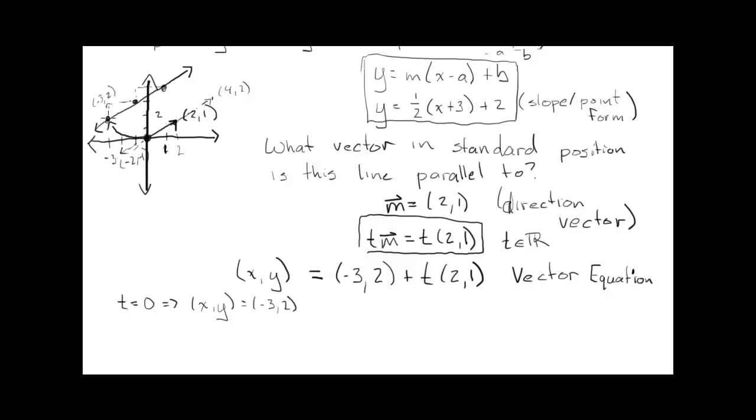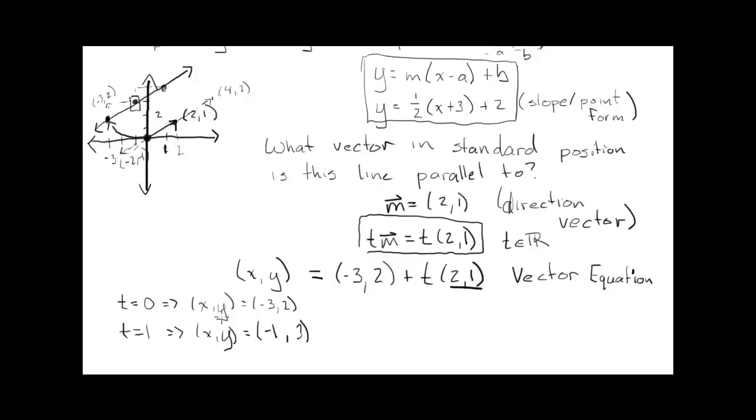That's this point. That's your starting point for this line. Then as we change t, it's going to move us along the line. If I let t equal 1, I put 1 in for this, and then I would get negative 1, 3. So that would be this point right here.